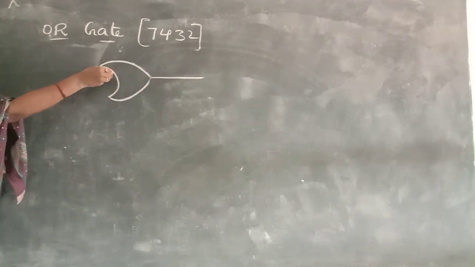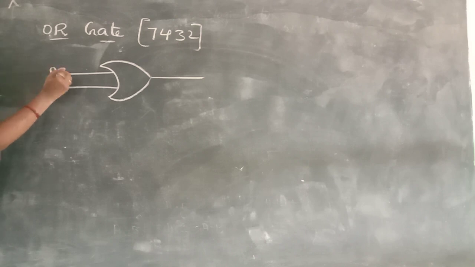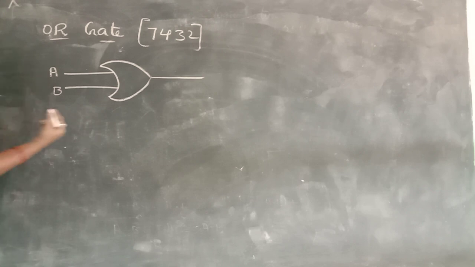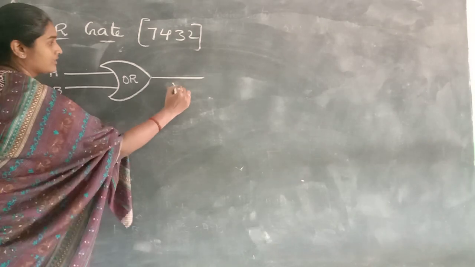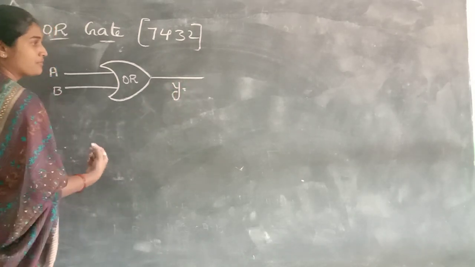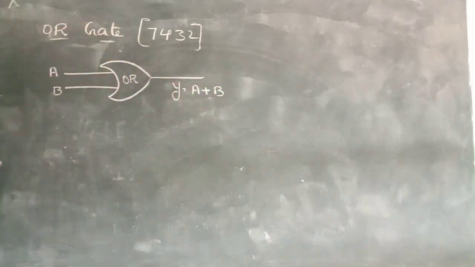OR gate consists of two inputs, named A and B. And the output Y is equal to, what is the logic? A plus B. OR gate logic is denoted as A plus B.